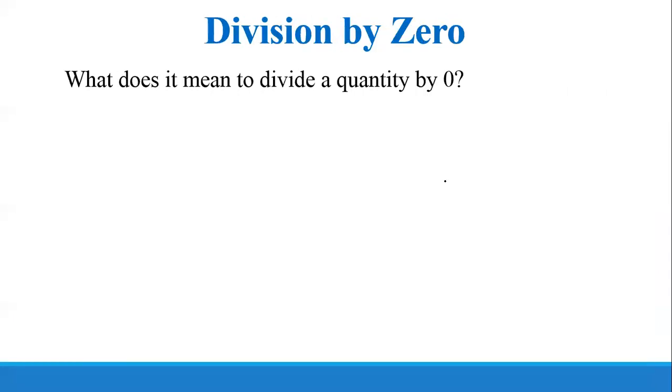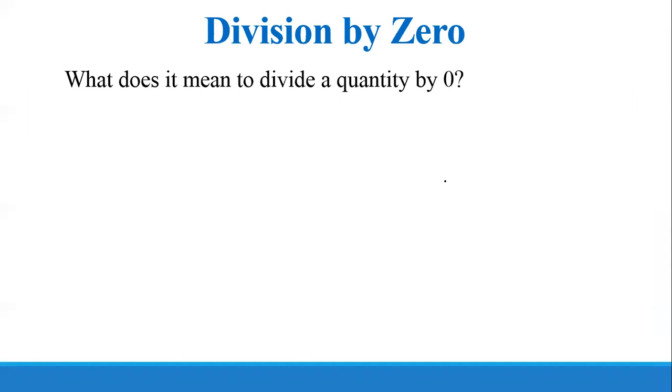Division by 0. What does it mean to divide a quantity by 0? You know what it means to divide by 2 or divide by 10, but what does it mean to divide a quantity by 0? Is this even possible?